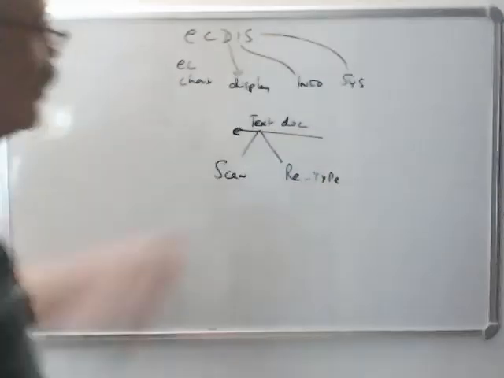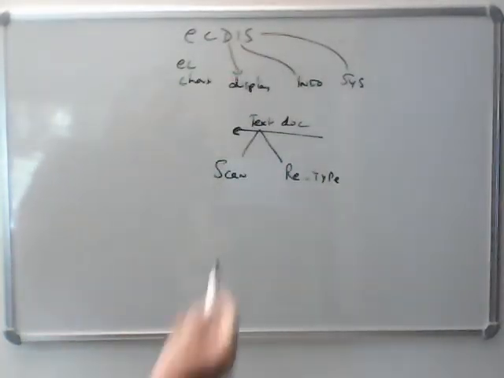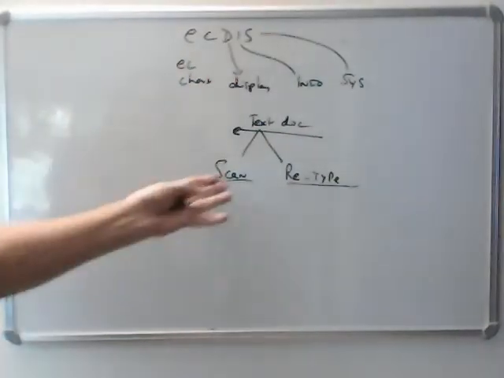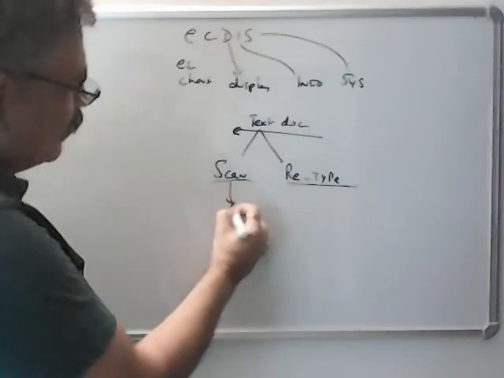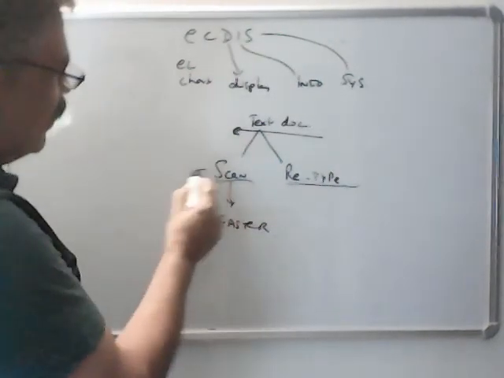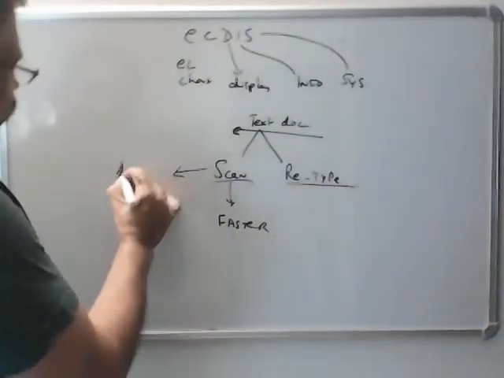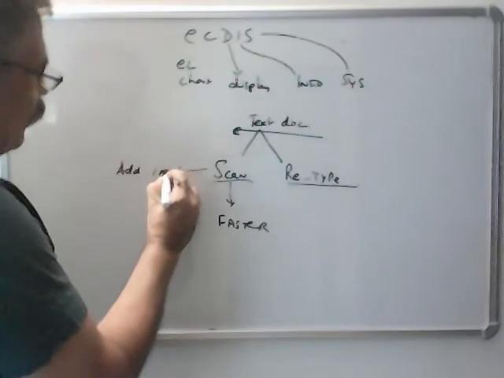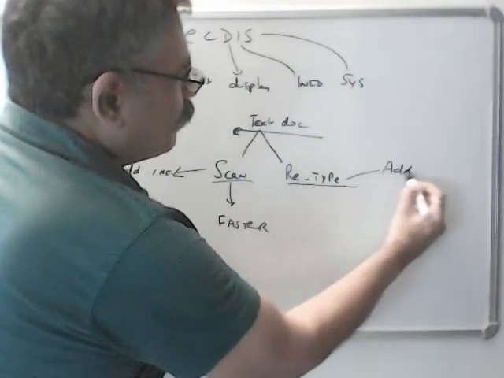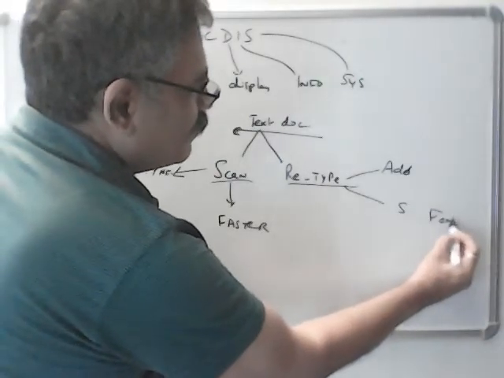What is the benefit of scanning? It is faster. And what is the disadvantage of scanning compared to retyping? I cannot put additional information. Here I can put additional information. I can put a smiling face. I can change the fonts.